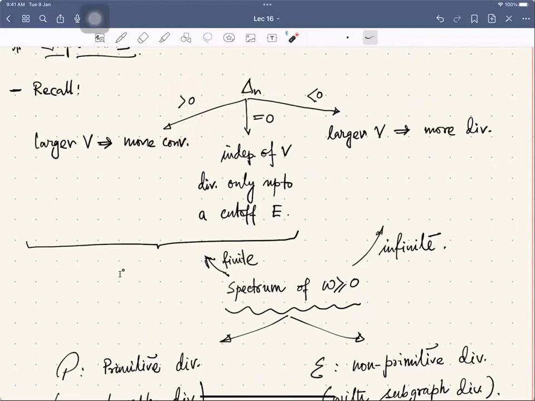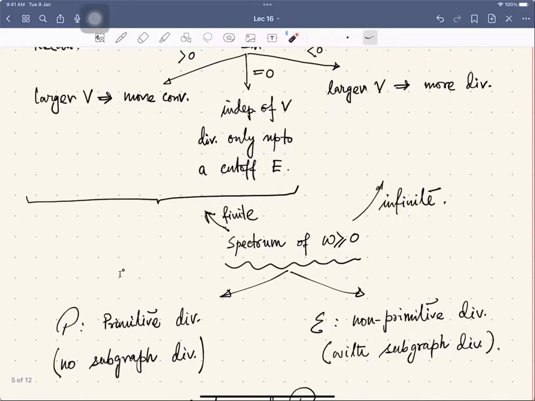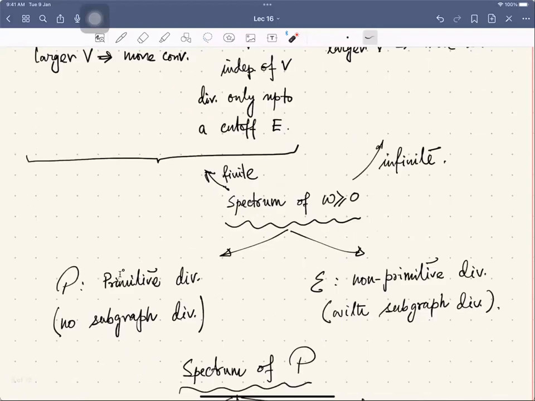If we increase the number of V's, then omega will decrease, and therefore there will be only a finite number of graphs for which we will get this divergence. Since the spectrum of omega is finite, and there is a restriction that it must come from a primitive, with no subgraph divergence, it is quite plausible that the spectrum of such graphs is finite.